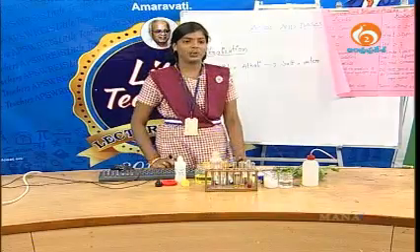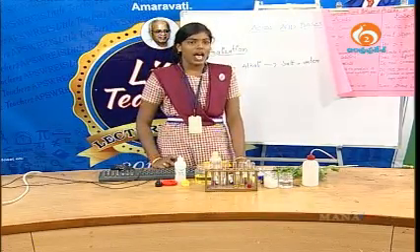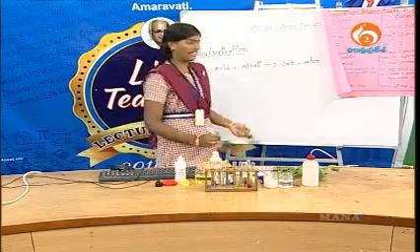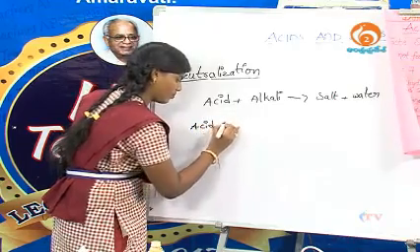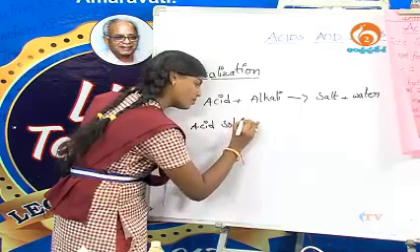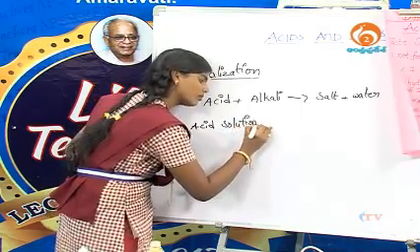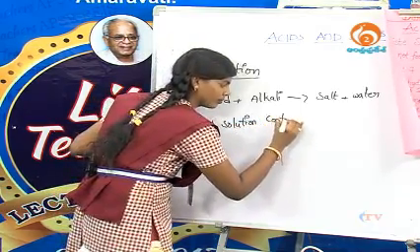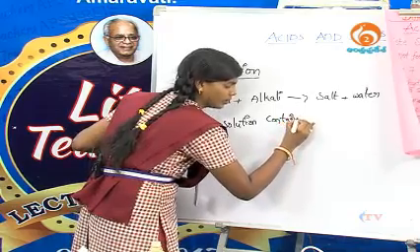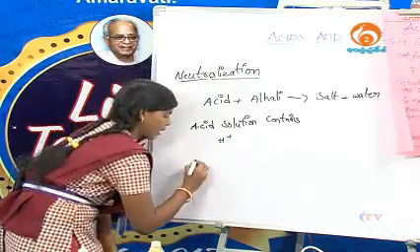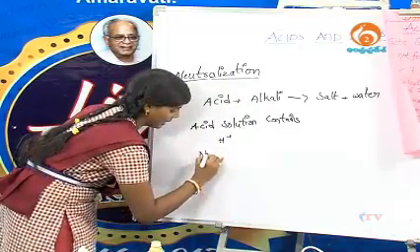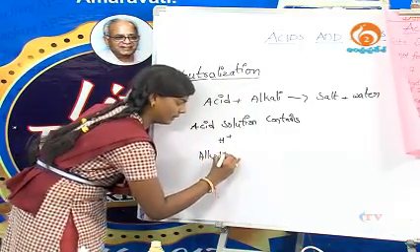What happened in neutralization reaction? Acid solution contains hydrogen ions. Alkali solution contains hydroxide ions.